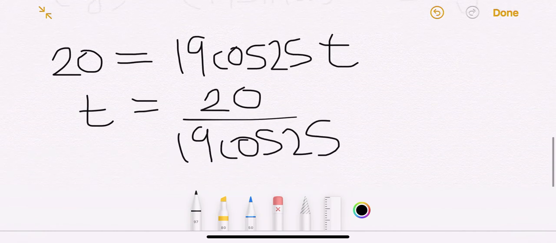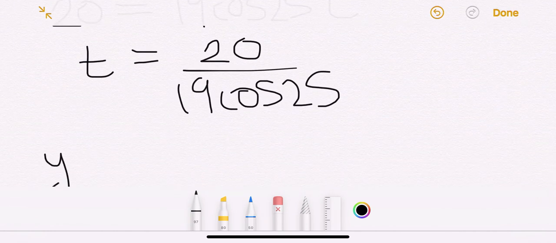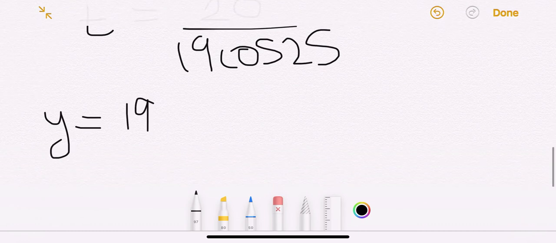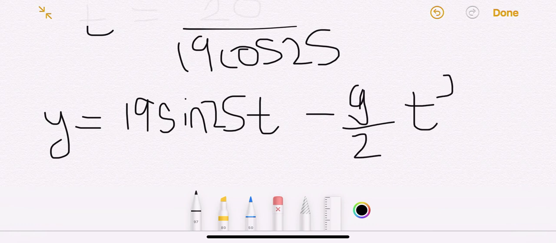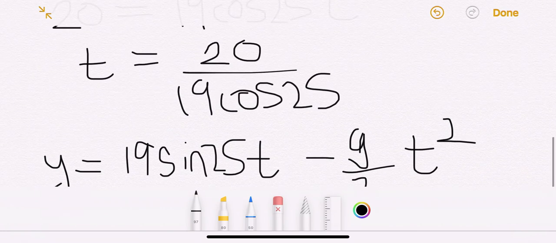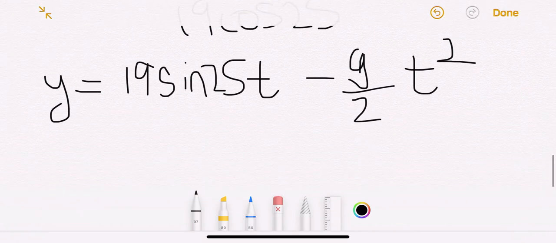So let's write that out. y equals 19 sine 25 times t minus g over 2 t squared. But we know our value of t now. We can substitute in our value of t, which is 20 over 19 cos 25.